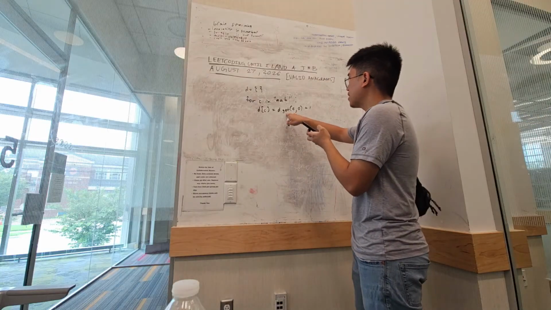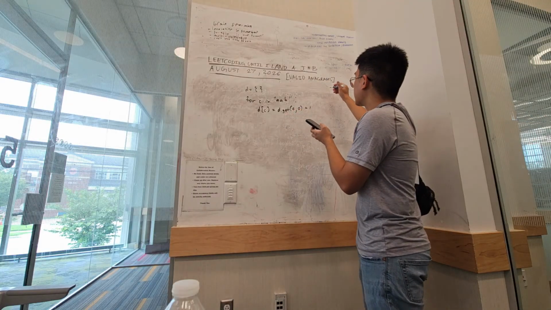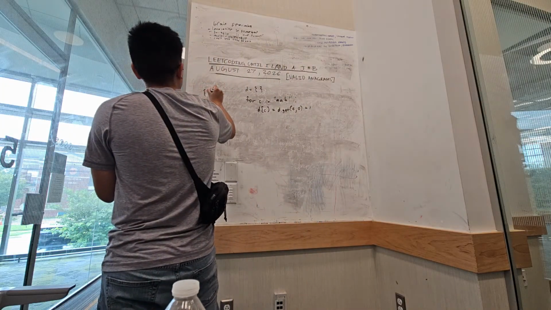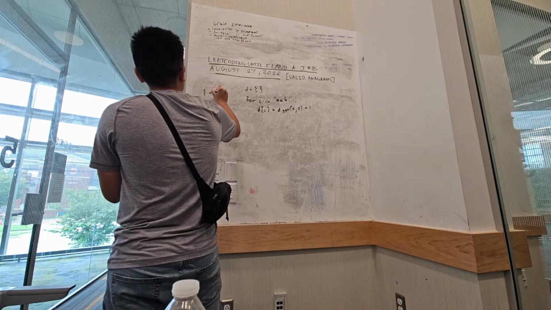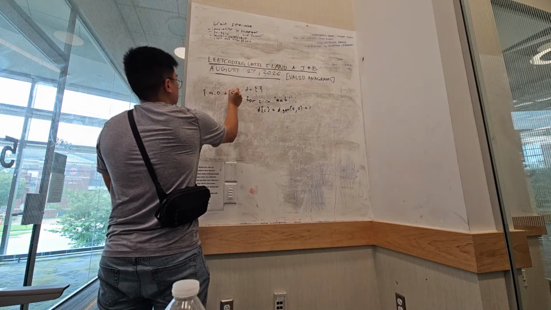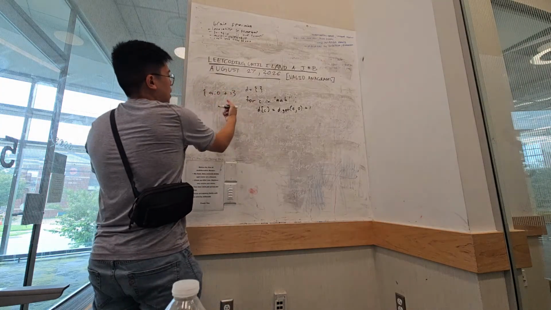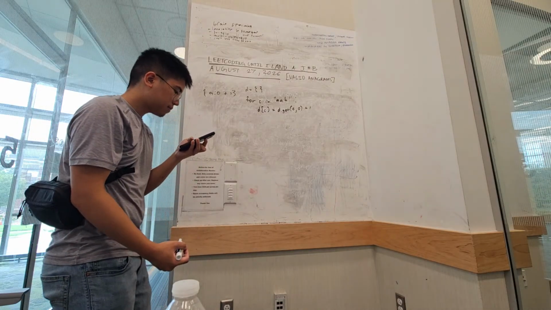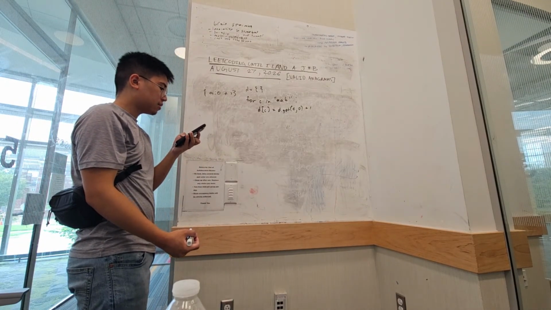So d.get the character, it's going to be like A, 0, plus 1, something like that. Default none.